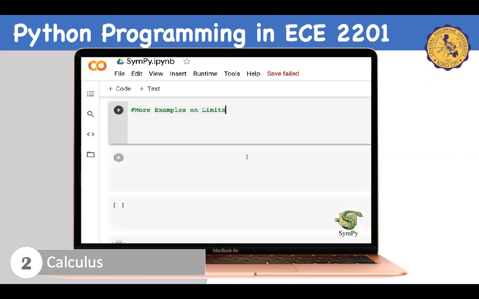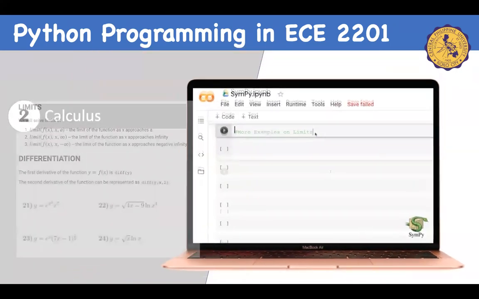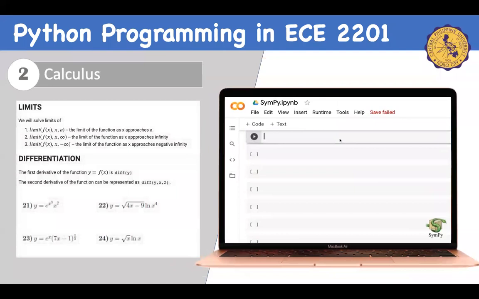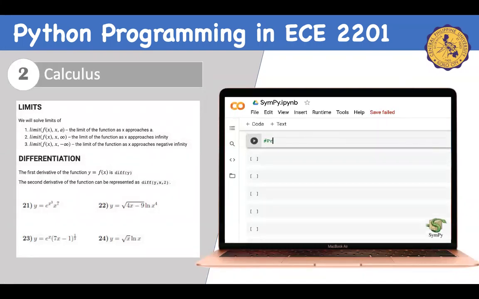Now we will proceed with differentiation. Okay, let's try to take the derivative of the 4 problems shown now on the screen. Let's start with our first problem.